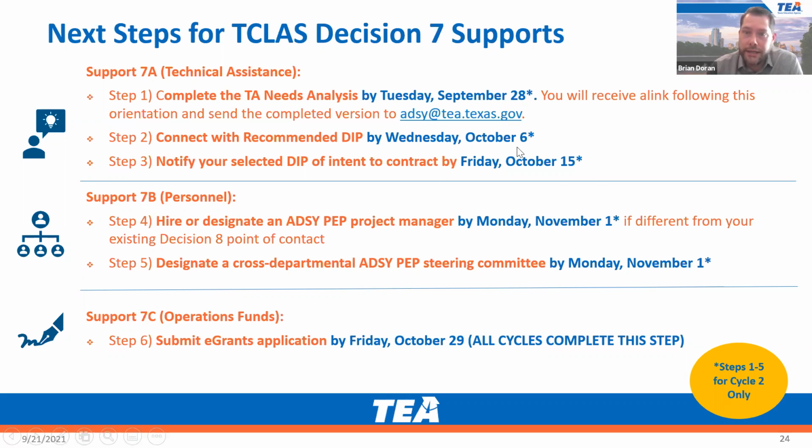And I do want to highlight that for cycle 2 in particular, we are working on a quick timeline, recognizing the amount of planning and careful stakeholder management that this type of change requires. And so the earlier that you can get your EGrants application in there and get those funds processed, the better. So again, this Friday, October 29th is the deadline, but if you can get that in earlier, then you'll be in a much better place for processing those funds.